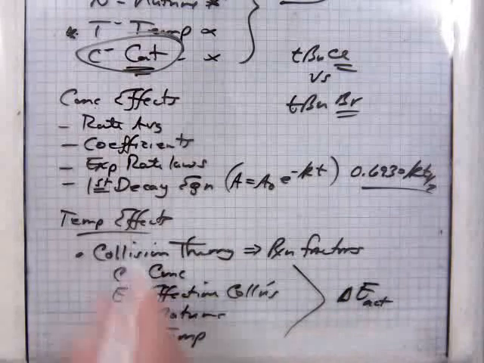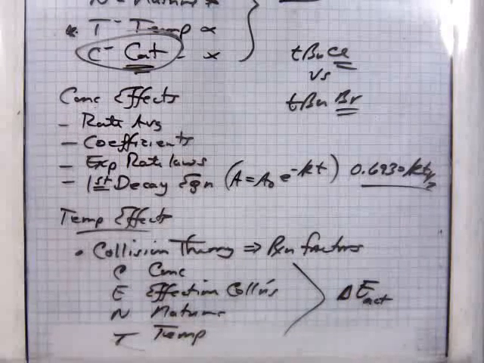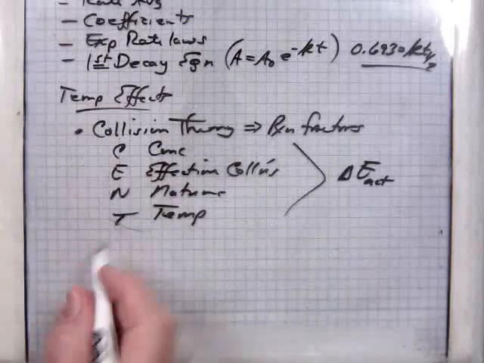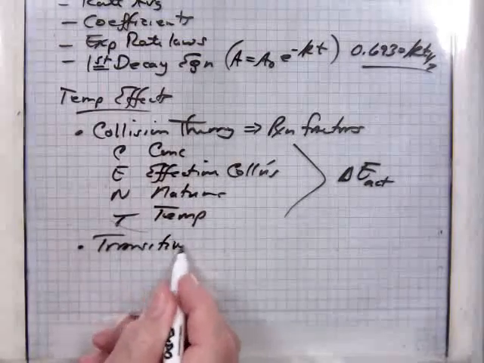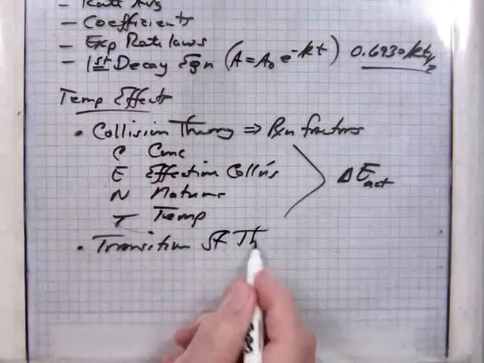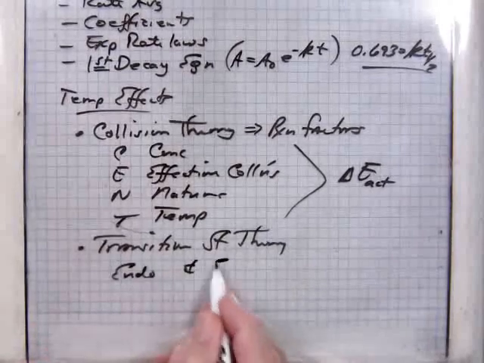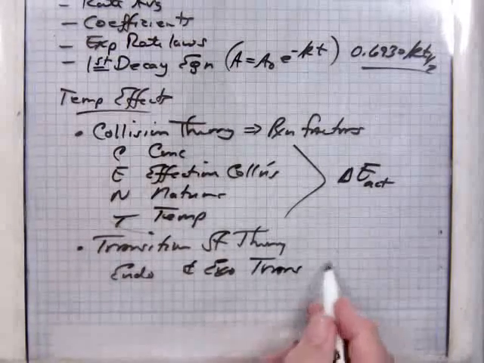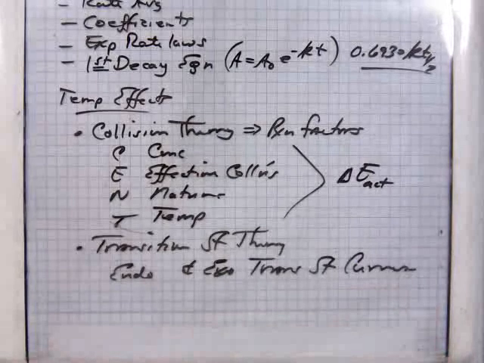It's the greatest probability of these components coming together simultaneously to generate product. And we looked at transition state theories, which are endo and exo transition state curves. You'll have to calculate, with two energies given, the third.